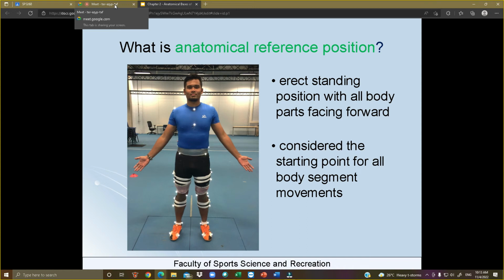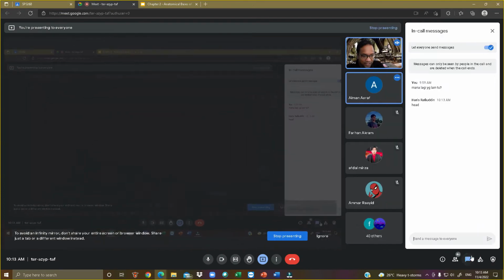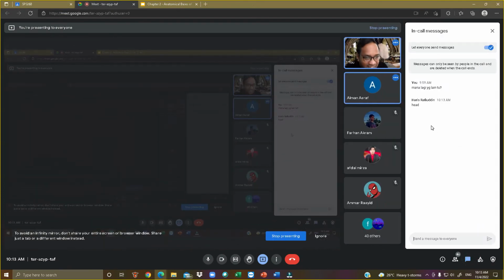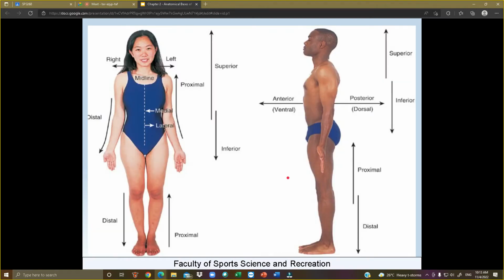Cuba buat satu pergerakan nak buat free throw basketball, and now palm dengan head. Yang mana satu proximal, yang mana satu distal? The palm is distal. Your head is proximal. Itu cara dia untuk kita tentukan proximal and distal.